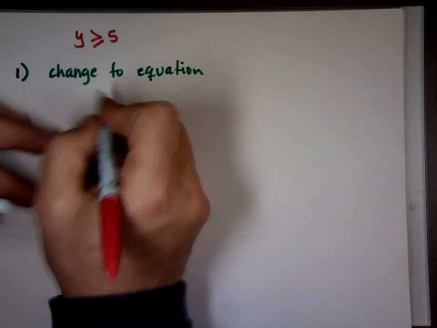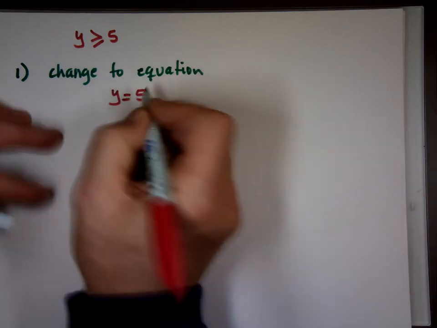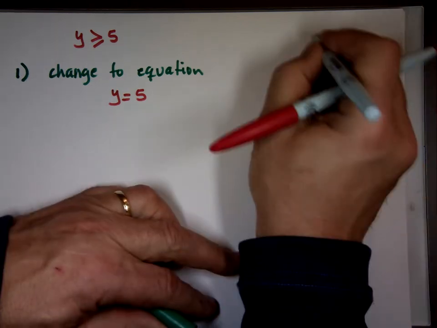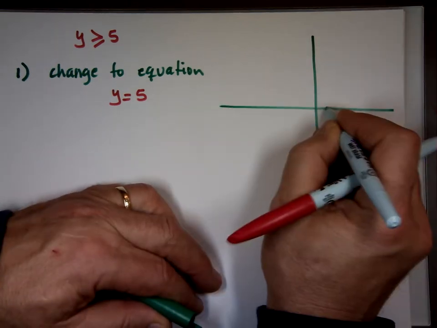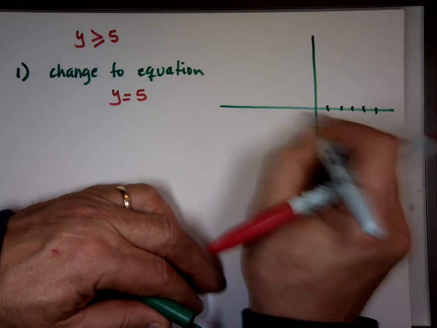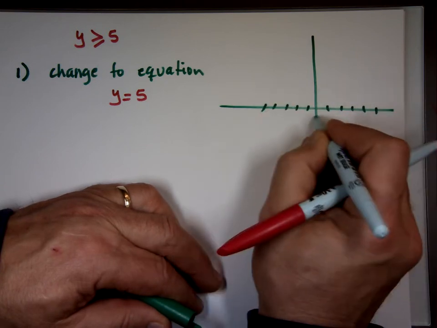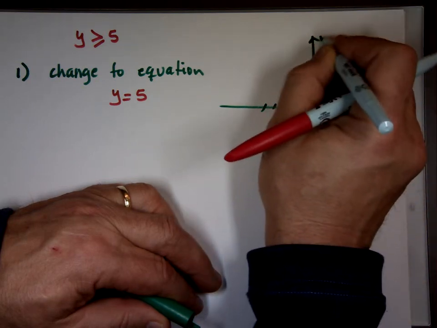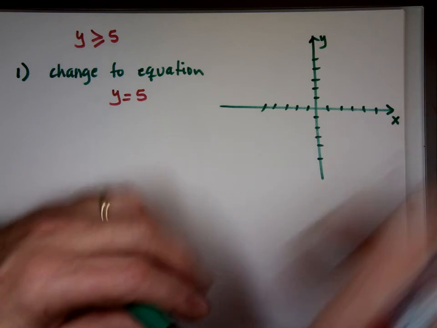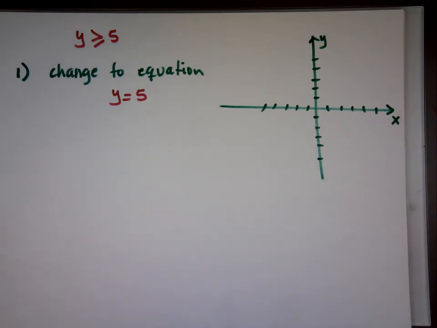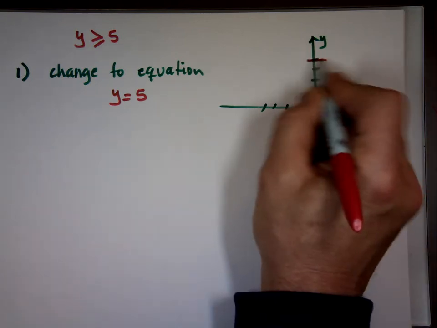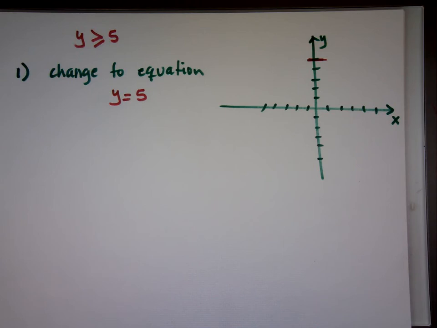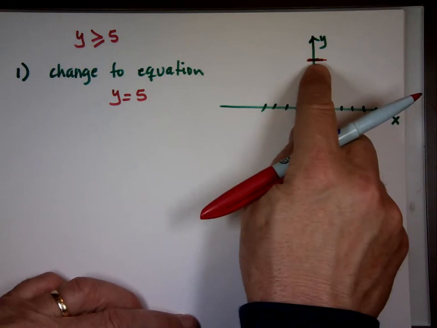Y equals 5, and let's graph it. Since y equals a number, there's no x there, it's always equal to 5. That has to be a line that's horizontal. If it was x equal to a number, it's a vertical line. Y equals a number, it's horizontal. That's y equals 5, so it's somewhere in that direction.